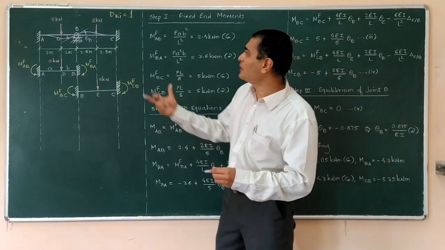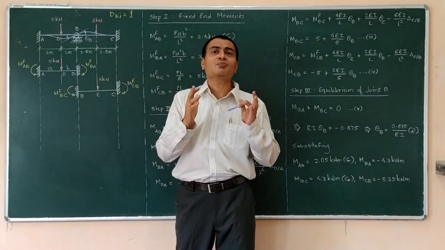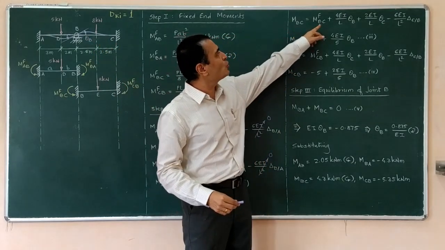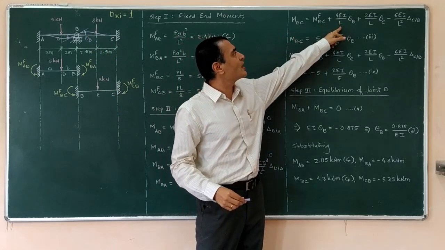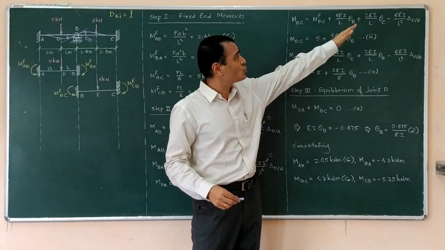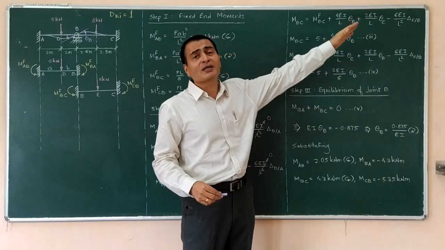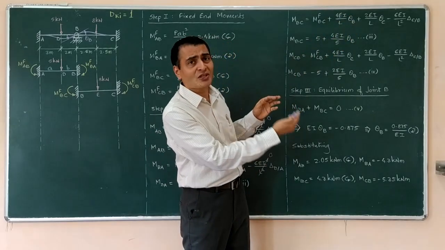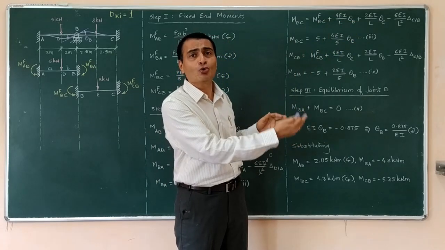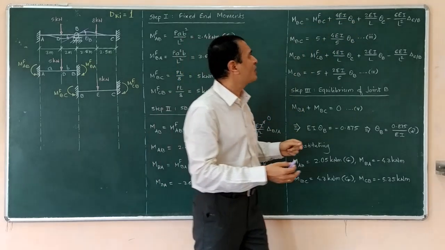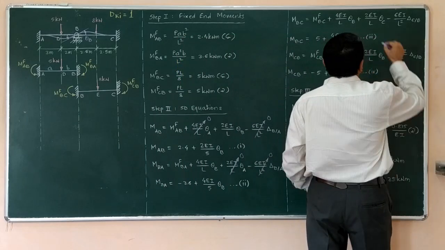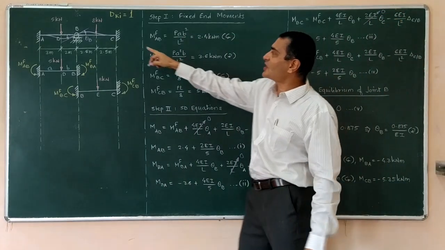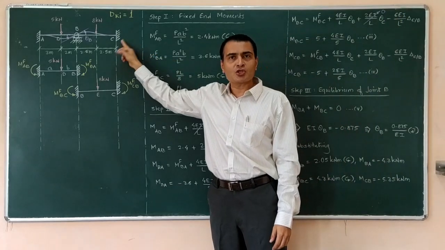Same treatment I will give to the remaining span, that is BC span. So I am writing MBC is equal to MFBC plus 4EI upon L theta B plus 2EI upon L theta C minus 6EI upon L square delta right with respect to left, that is C relative to B. Let's see what are the things present or absent. Theta C is absent because support C is again a fixed support, there cannot be any slope.